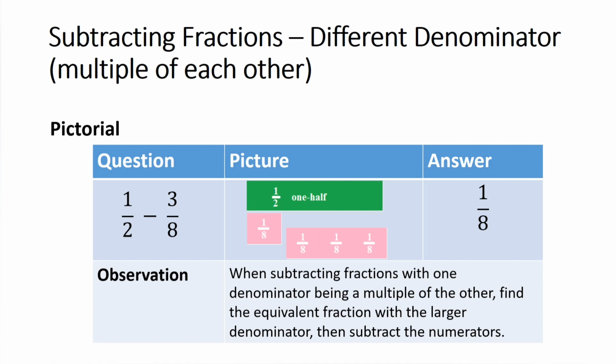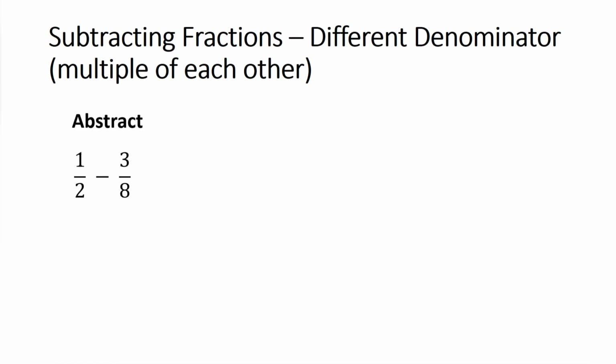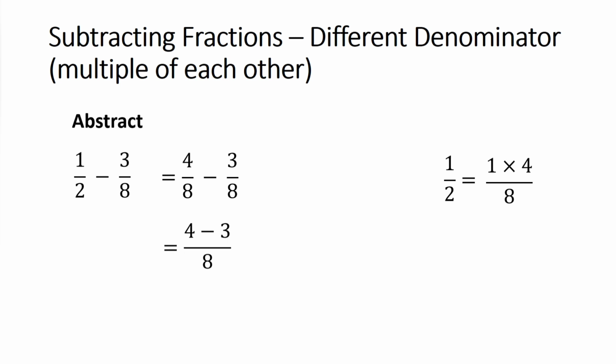The algorithm here would be make a half an equivalent with a denominator of 8. Then remove the necessary tiles, in this case 3 of the 8s. The algorithm then would be used to do the subtraction, keeping in mind the students have already determined how to do equivalent fractions by using the algorithm. Here our answer will be 1/8.